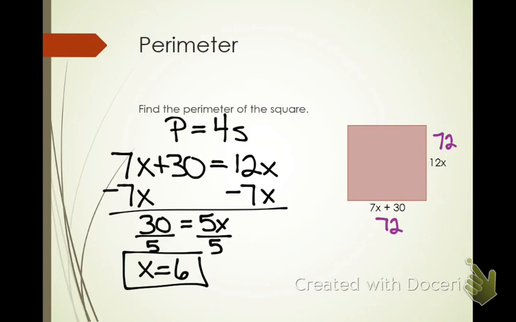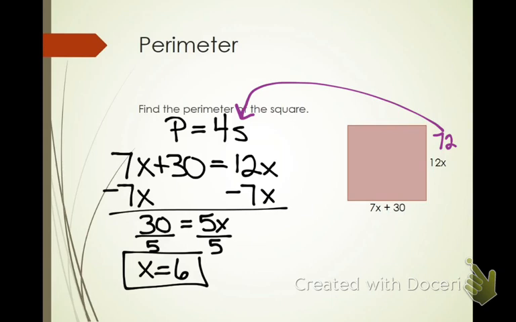So now that I know one of the side lengths, I can take that number and I can find the perimeter. Does that make sense? I did all the work initially, setting the sides equal to each other to figure out what x was so I could figure out the side length.